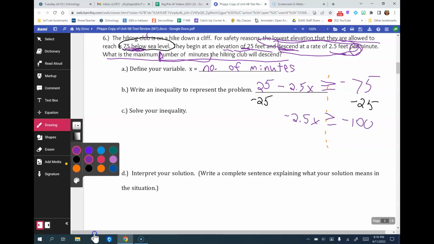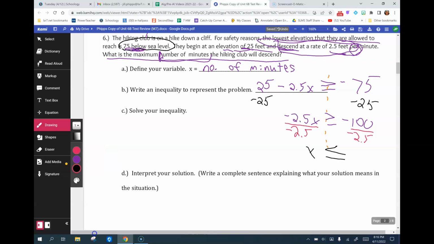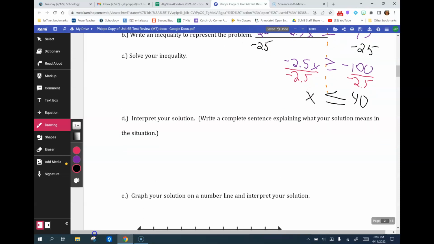I have to get rid of the negative 2.5, so how is that connected? We're going to divide, right. So divide by negative 2.5. Ooh, we're dividing by a negative. When we divide by a negative, we have to remember that our inequality sign goes the opposite direction. So we get x is less than or equal to, is that 40? Yeah. So x is less than or equal to 40.